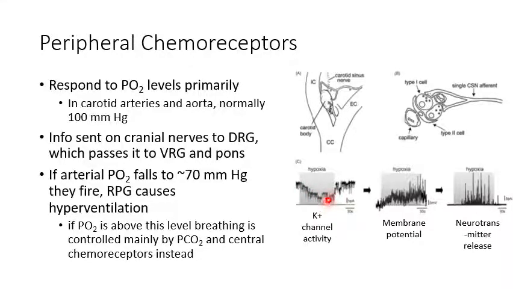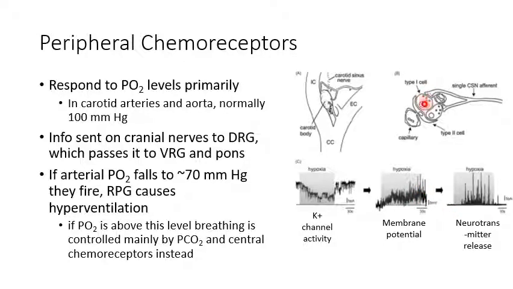That means that the membrane potential is ultimately going to rise because you're taking away this inhibitory outflow of potassium. So here you can see the membrane potential rising when the hypoxic condition is present, and then that causes the cell to depolarize.